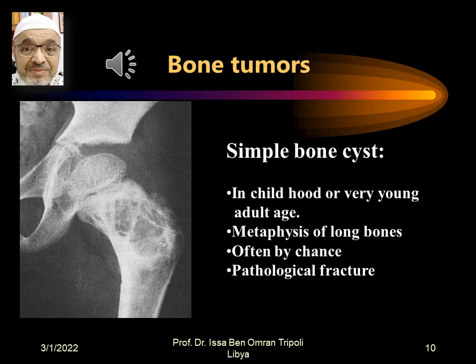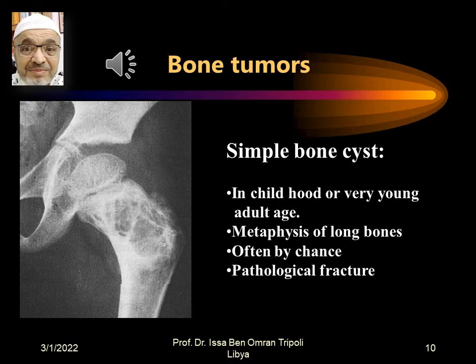The first what we see is the simple bone cyst. It is a benign bone tumor affecting the childhood age or very young adult age, mostly affecting the metaphysis of long bones, often by chance.